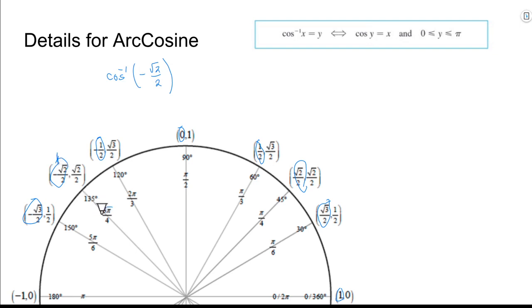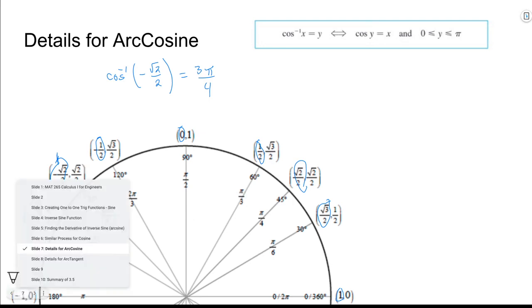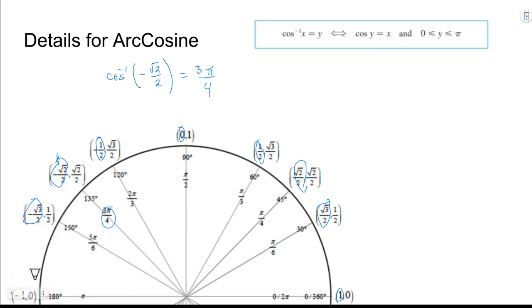What angle goes with that? 3 pi over 4. If I needed the positive square root of 2 over 2, I would say it would be pi over 4. So these are the values that we could be putting in.